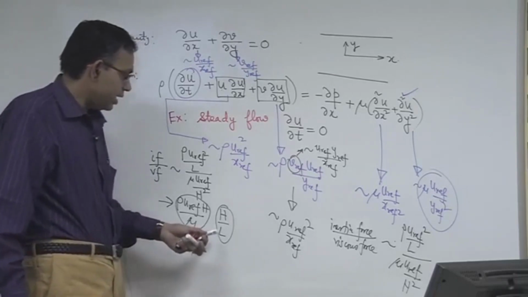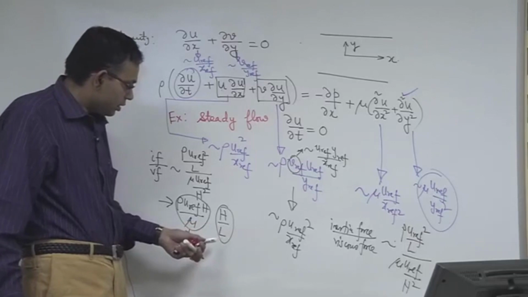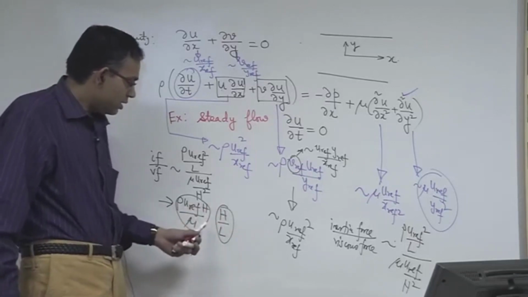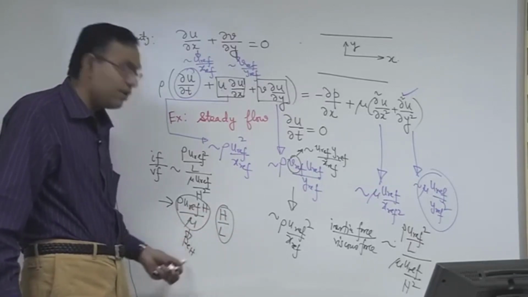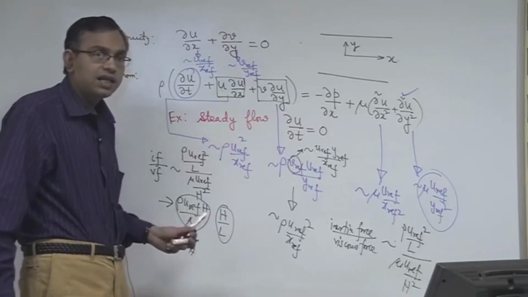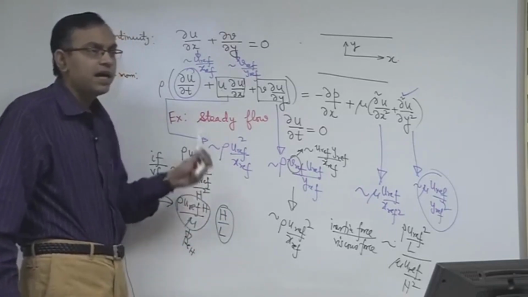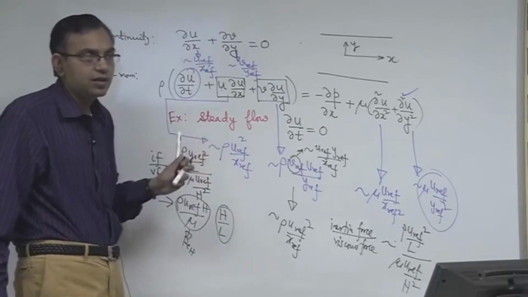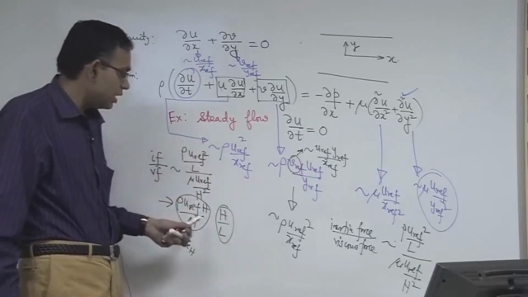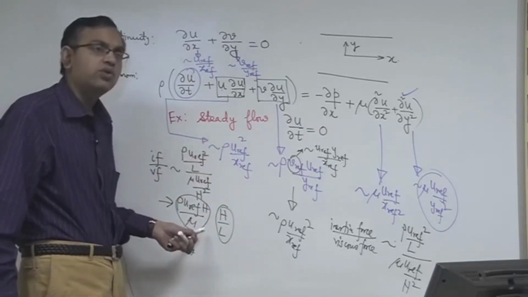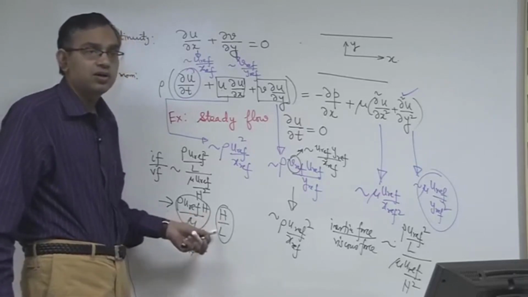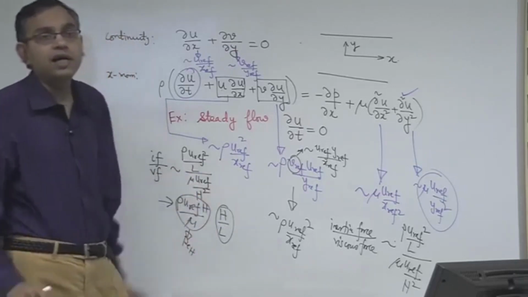So, when you have the Reynolds number relatively high, it may still be possible that inertia force is negligible as compared to viscous force, because the Reynolds number may be relatively high, not too high, but h by L is small. So, the product of Reynolds number and h by L is important.